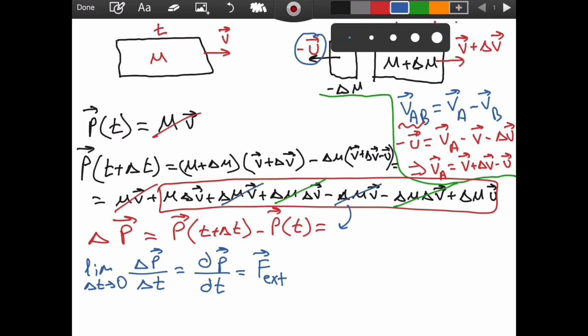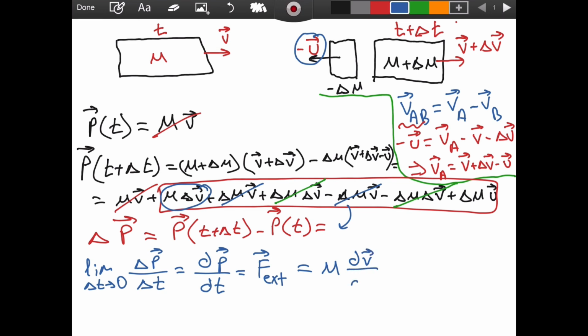So those cancelled, and now we're going to have this part: m delta v divided by delta t as the limit delta t approaches 0. So m is a constant, it will come out of the limit, and we're going to have delta v over delta t as the limit delta t approaches 0. That is going to give us a derivative, dv by dt.